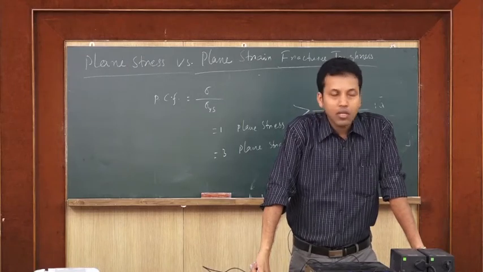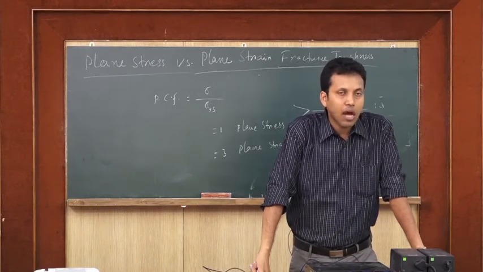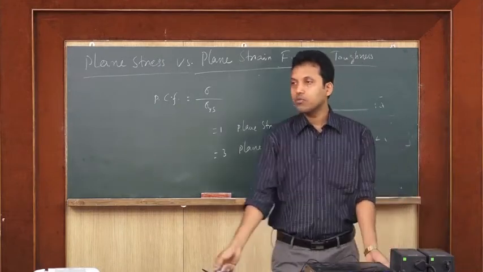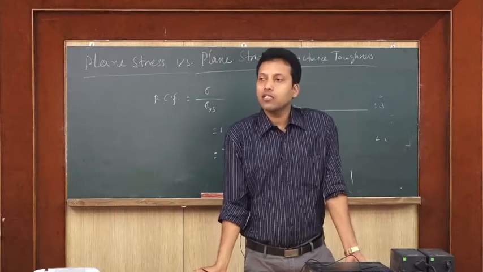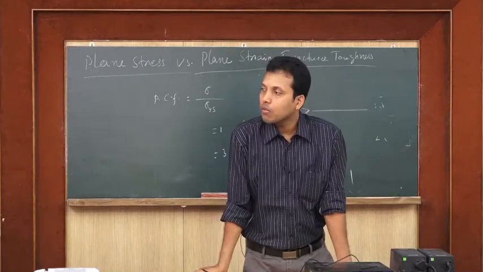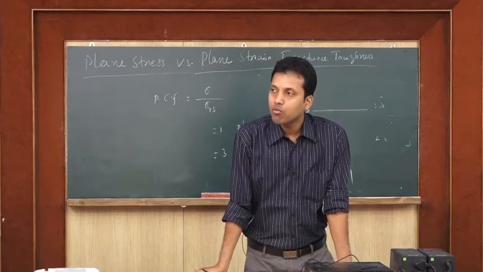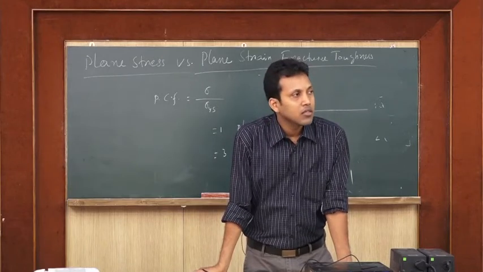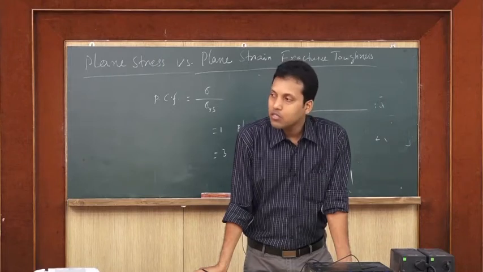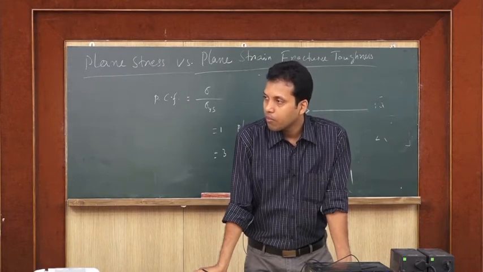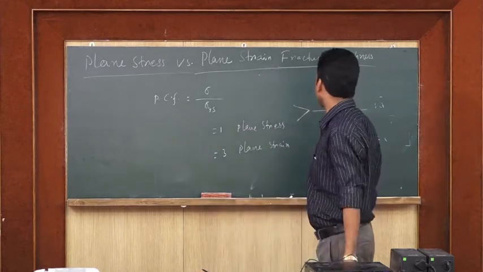And from the equation of r_p, the plastic zone size, we have seen for plane strain condition the equation is 1 by 6 pi (K squared by sigma_ys squared), and in plane stress it is 1 by 2 pi. So it is at least 3 times less. Can you remember?